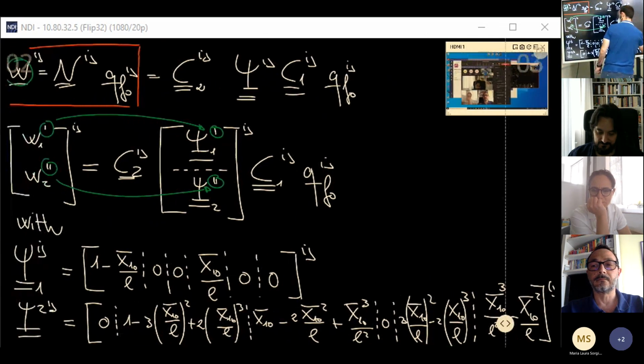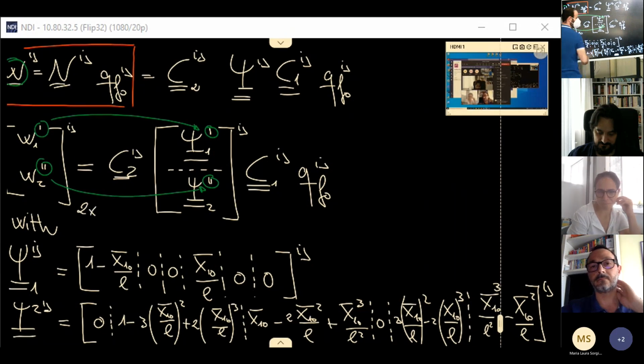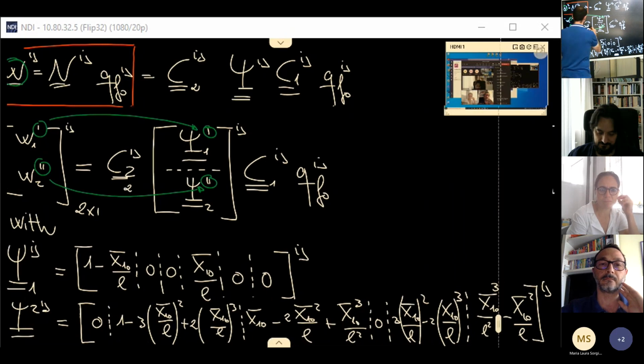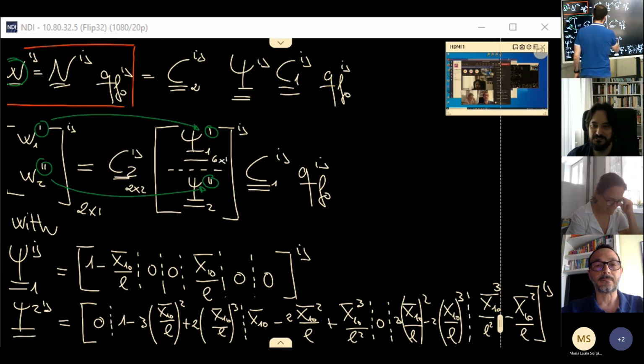So again, as you can see, we can check if this makes sense. This is a column vector, so it's a 2 times 1. This we know it's a 2 times 2, because again we are in the 2D case. This is a row, and it's a 6 times 1.